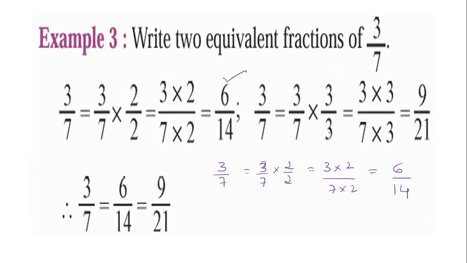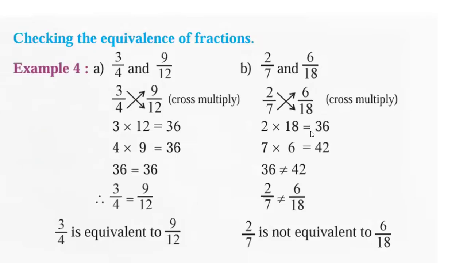We get 6 by 14. If we multiply by 3, we get 9 by 21. Therefore, 3 by 7 is equal to 6 by 14 is equal to 9 by 21. These are two equivalent fractions of 3 by 7.